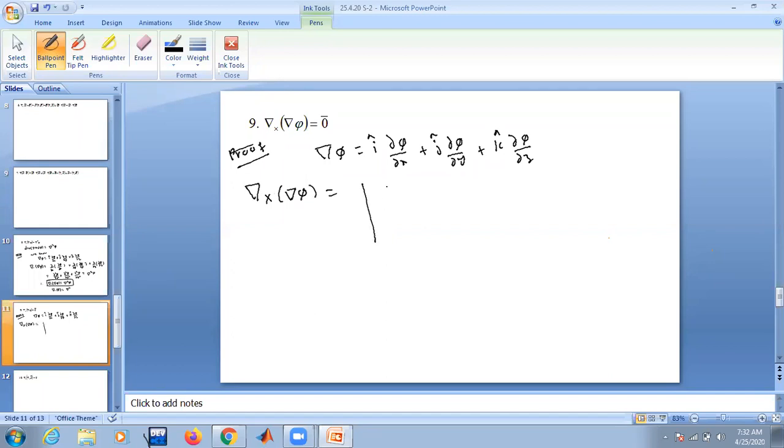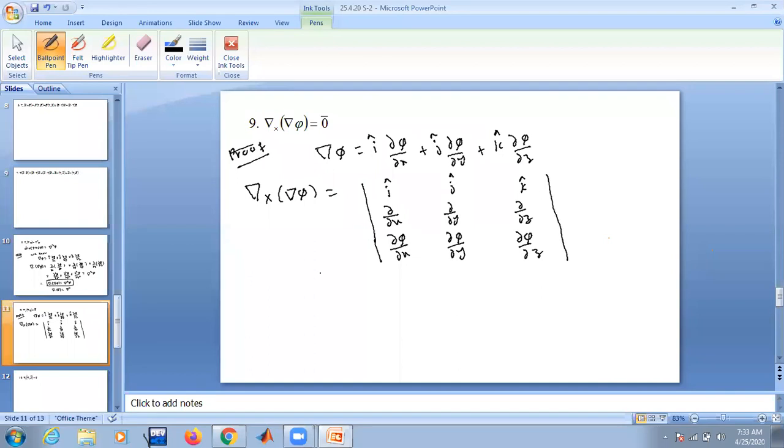So this is the determinant with rows i j k, dou by dou x, dou by dou y, dou by dou z. What is the first component of del phi? Dou phi by dou x. Second component is dou phi by dou y. Third component is dou phi by dou z.